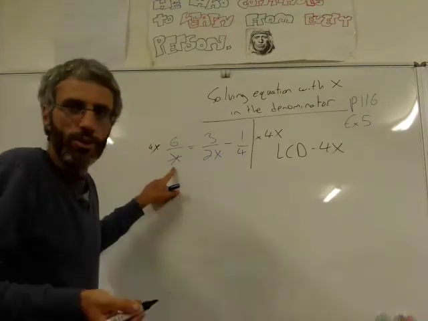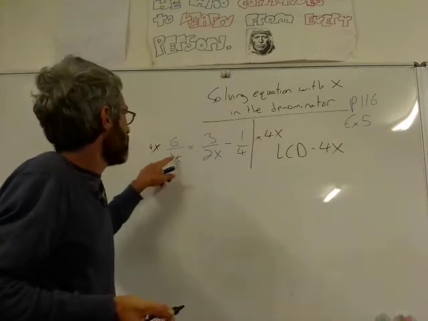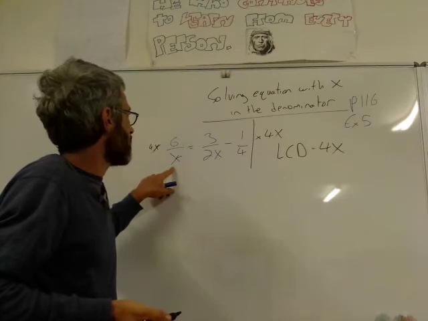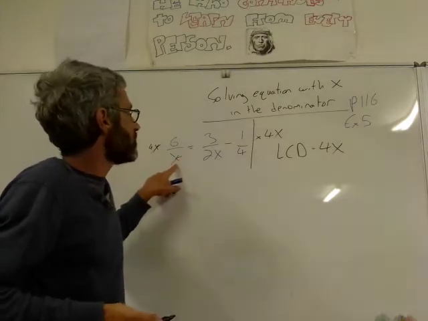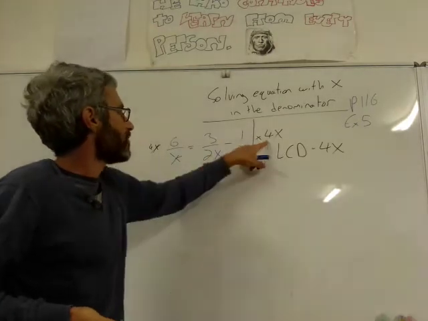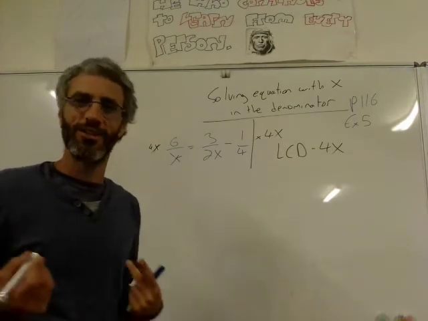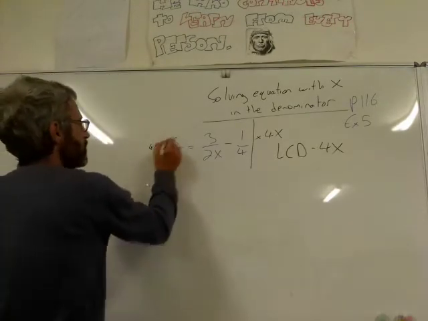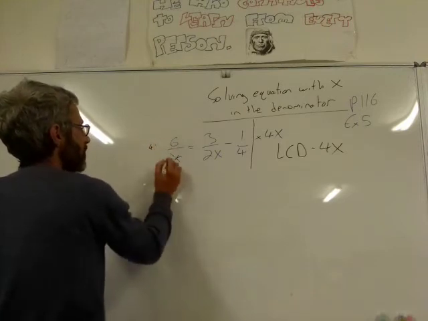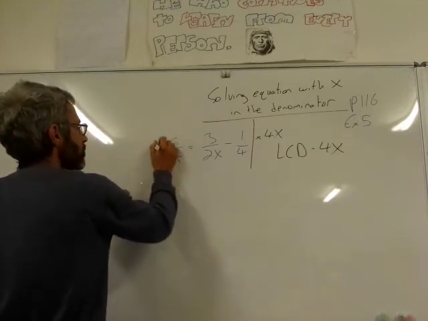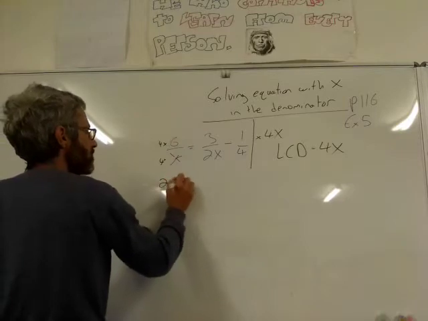Another way of thinking about it: if I want to have 4x here, all I need to do is multiply the x by 4, so I need to multiply the 6 by 4. I've really said the same thing in two different ways. In any case, 4 times 6 will be 24.